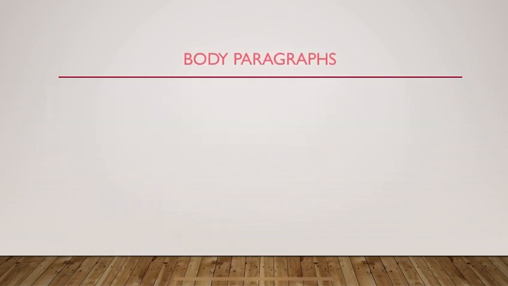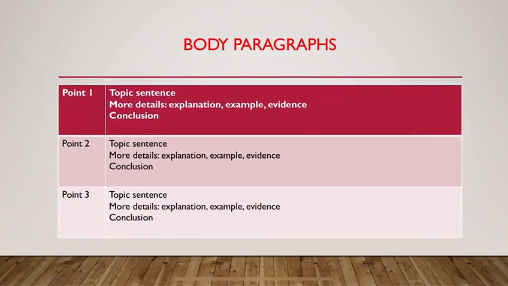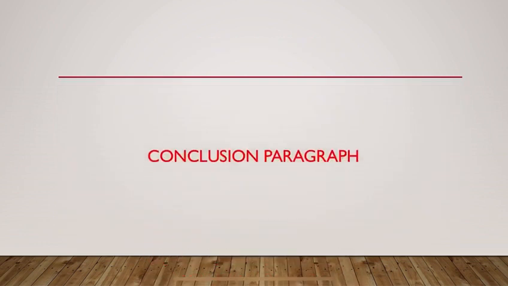To write the body paragraph, we use point 1 as a topic sentence, and then we add to it more details, explanations, examples, evidence, and everything in order to make it a paragraph. And we repeat this for the second and the third point, and that's how we form our body paragraphs.